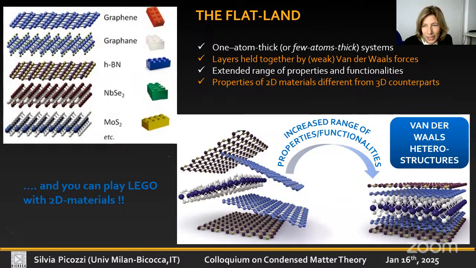The biggest advantage is that you can stack 2D magnets on top of each other very easily, in a simpler way than with 3D counterparts, without having to bother about interdiffusion or lattice matching. In this sense, they are more flexible than 3D materials.